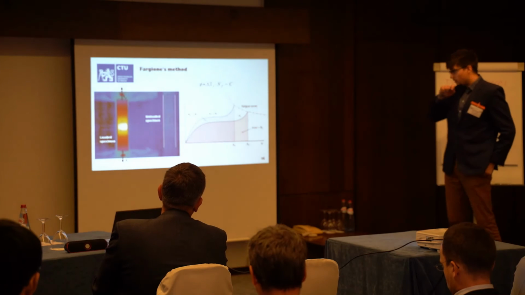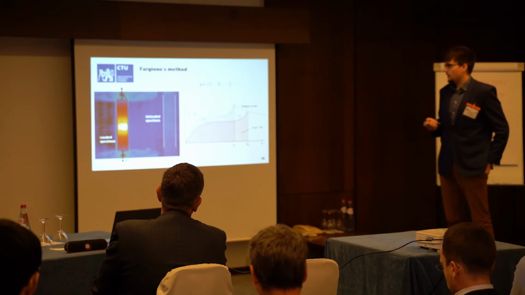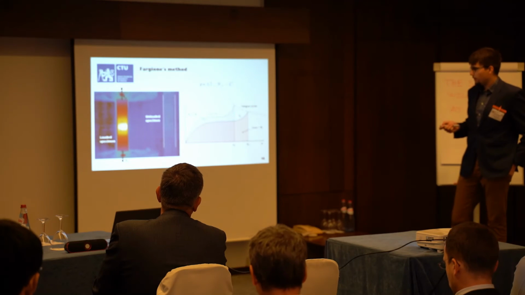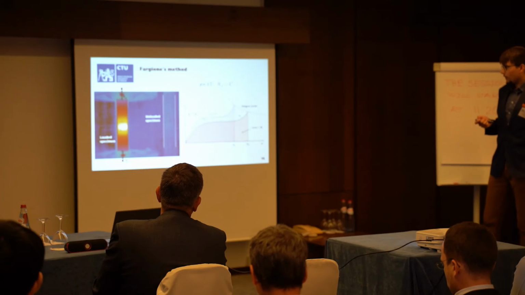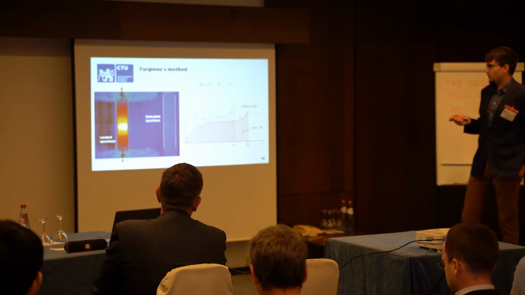The second method we were trying to use was a method by Fagione, which is based on the point that the area under the temperature evolution during the whole lifespan of the specimen under one single amplitude of load could be taken as a material parameter. But in this case, we don't have the stabilization.